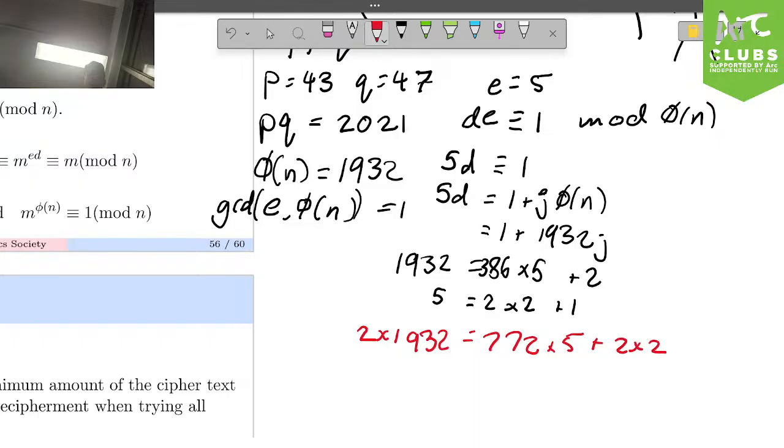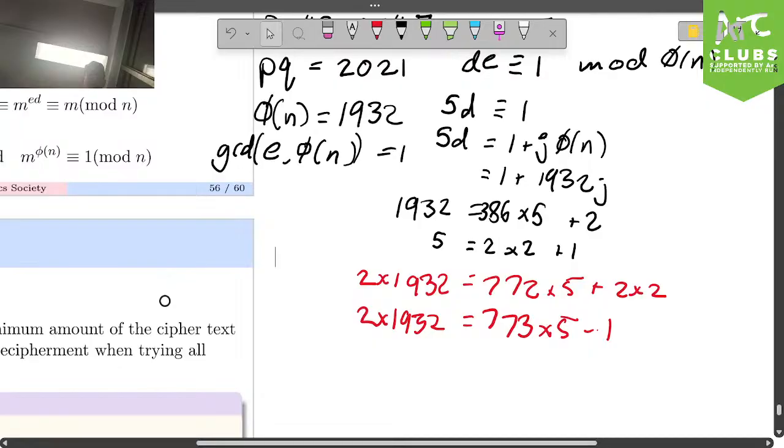But we know 2 times 2 is equal to 5 minus 1. So everyone knows that 2 times 2 is equal to 4, but only very few people know that 2 times 2 is also 5 minus 1. So this is going to be 5 minus 1, which means we get 773 times 5 minus 1 is equal to 2 times 1932.